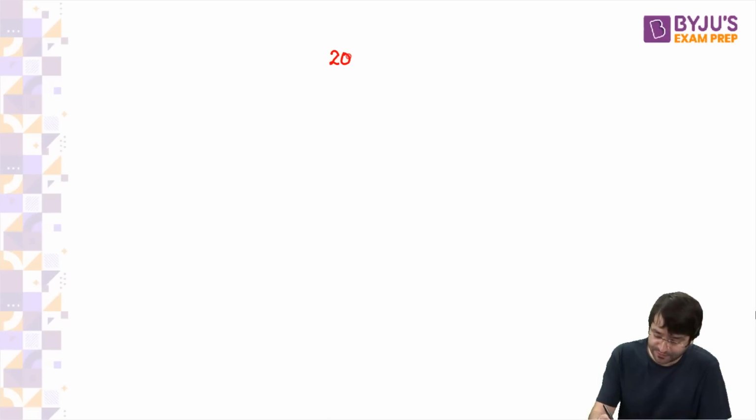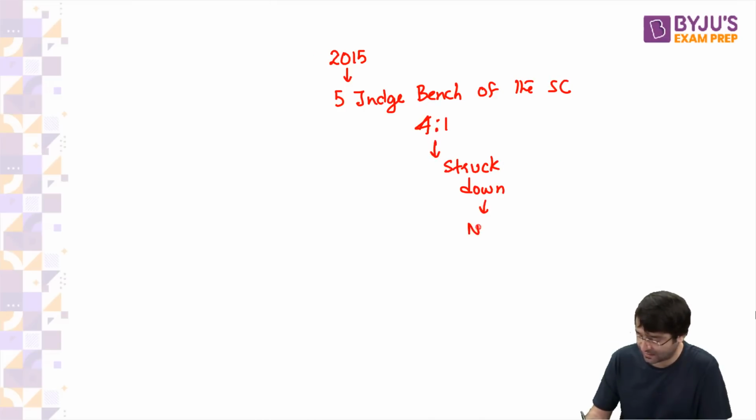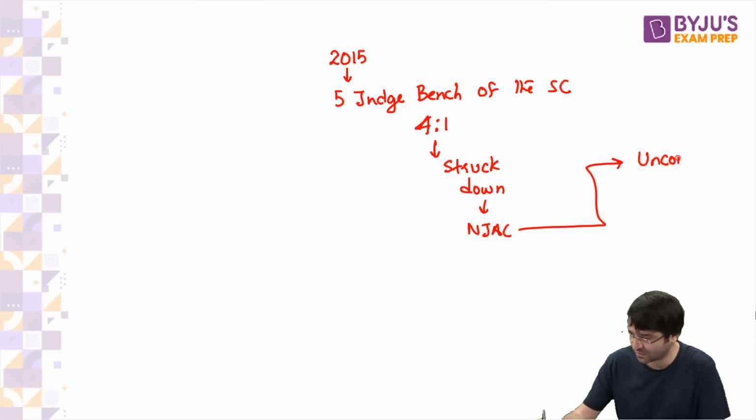And in 2015, a 5-judge bench of the Supreme Court, by the majority of 4:1, struck down NJAC, saying NJAC is unconstitutional.